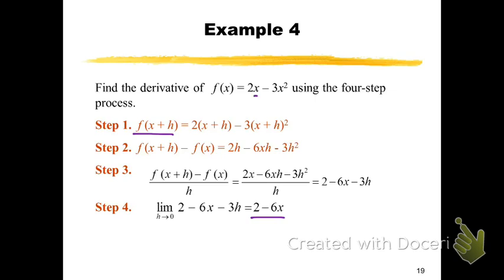Everywhere we see an x, we plug in an x plus h, and we simplify. Once we simplify, we subtract off f of x from that expression, and we should have this here. Step 3 says divide that by h, and we have this here. And then when I take the limit as h approaches 0, this term goes to 0, and I have that f prime of x is equal to 2 minus 6x.